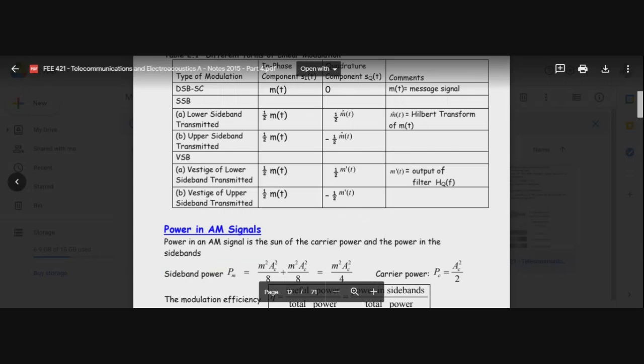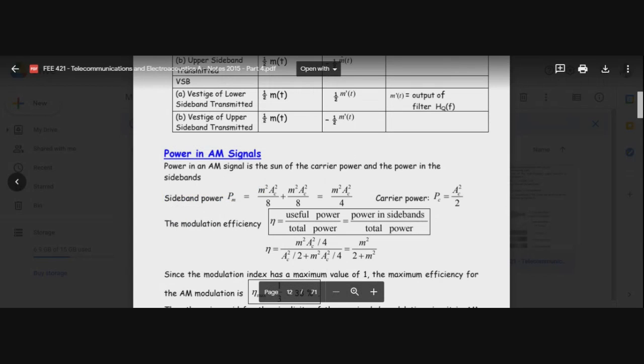All right. So we now want to do some analysis on the AM signals, and we'll start off by saying that the power in an AM signal, if you have an AM signal which has got a carrier, so what will happen is that if you wrote the AM signal in the form, the one with the carrier, then you'll find that the sideband power, because of the two components, is given by m squared AC squared over 8 for one sideband, and the same for the other sideband.